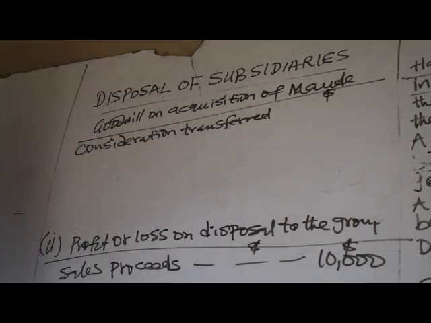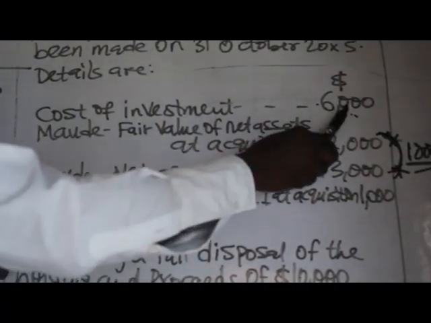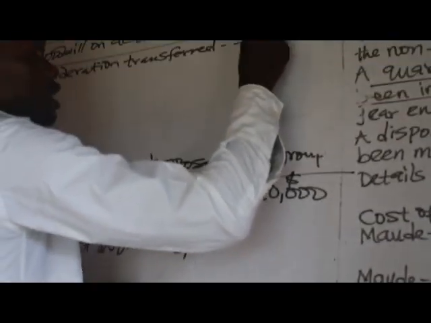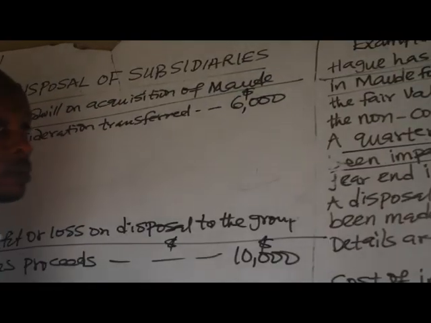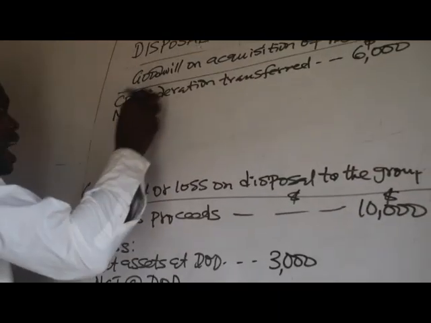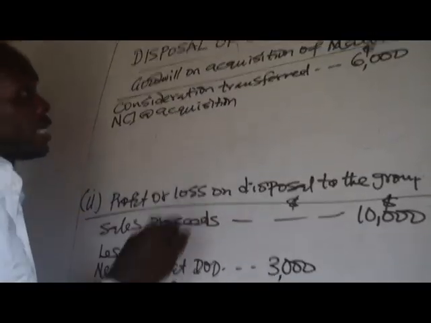Our purchase consideration is given to be $6,000. That is cost of investment, $6,000. So we have 6,000. Then we add the NCI at acquisition.